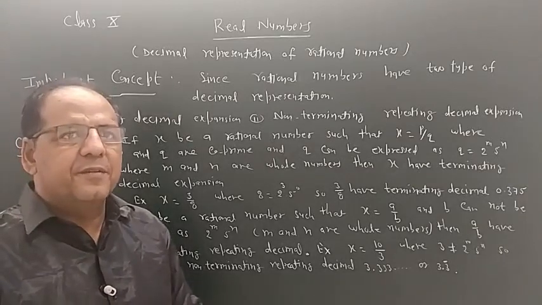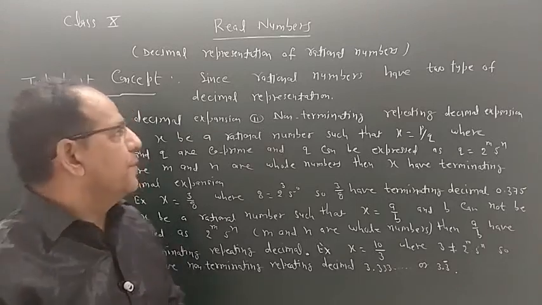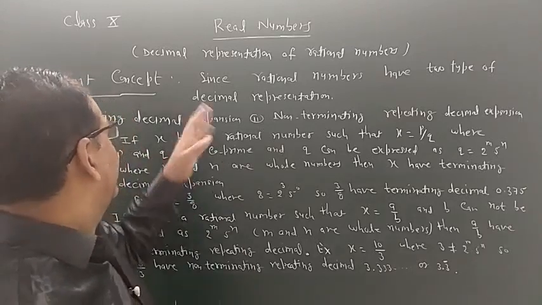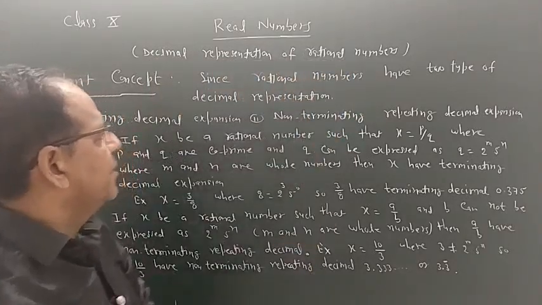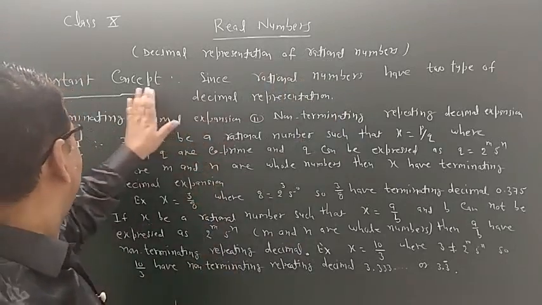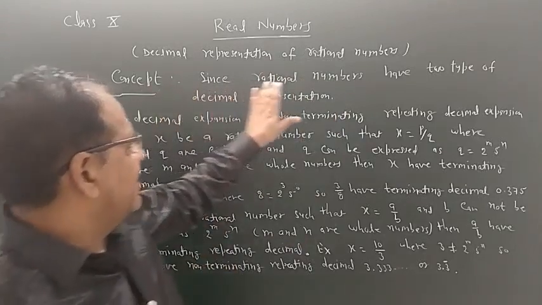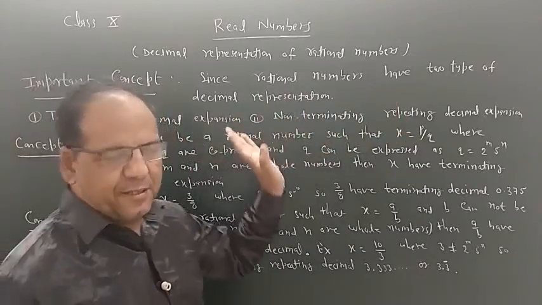Today I am starting one more topic related to real numbers, decimal representation of rational numbers. We have studied in earlier classes that rational numbers have two types of decimal representation.